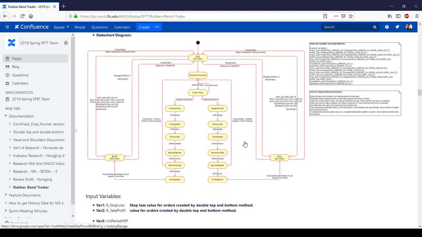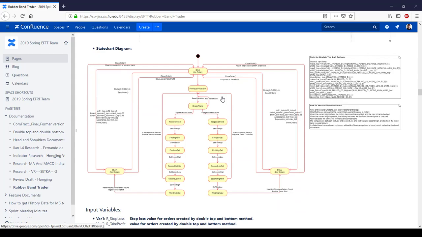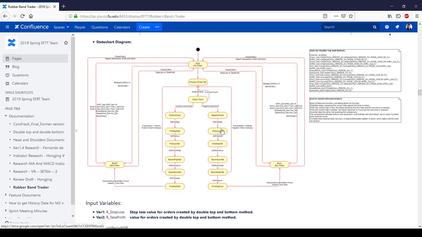With the state chart diagram, again we have 3 separations. In here we have the head and shoulders. In here we have the strategy on the moving average, and in here we have the double top and double bottom.